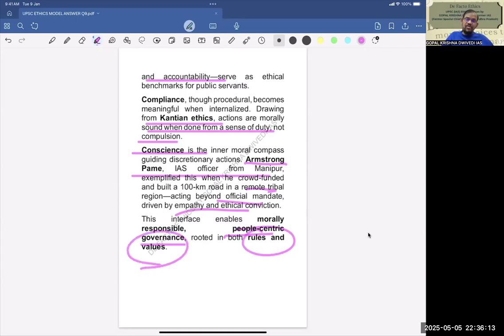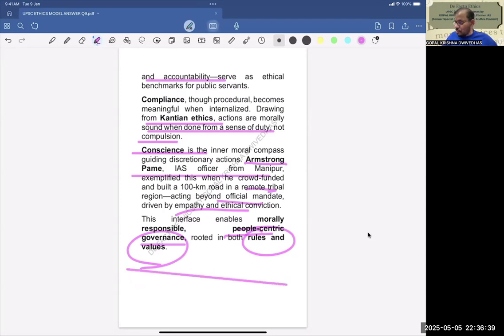So again we bring the same conclusion: on the one hand it is rooted in rules, because rules, procedures, and legalities will anyway be there, but once it becomes ethical in nature, it becomes rooted in values also. So this is our answer to this question.